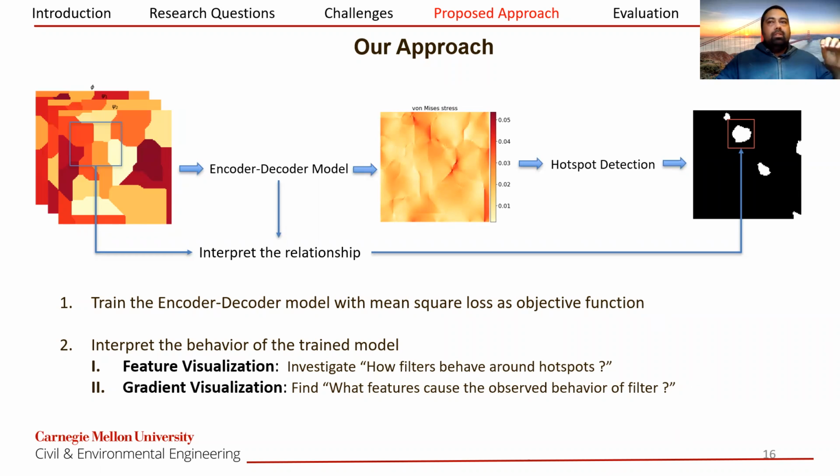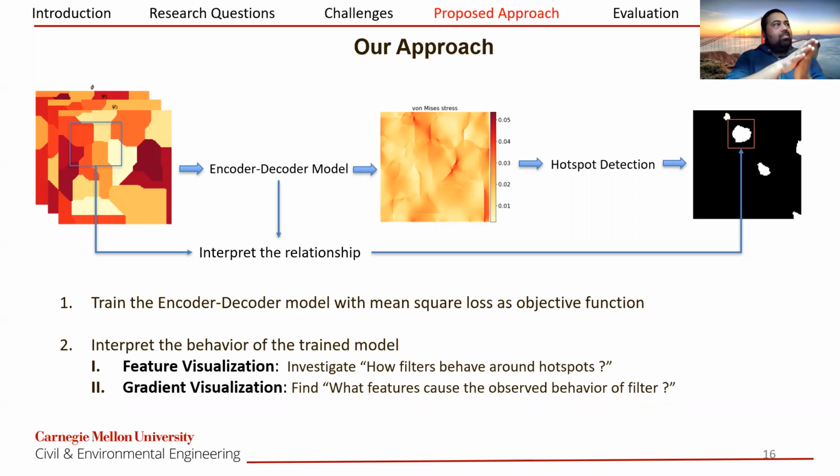After this, once we train the model, we try to interpret it using different feature visualization methods. I will show one of the results that we have observed. We are using gradient visualization to understand this non-local relationship.